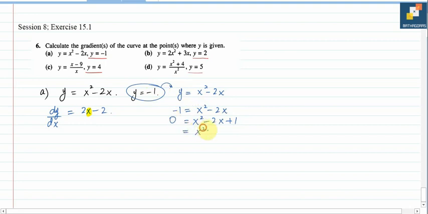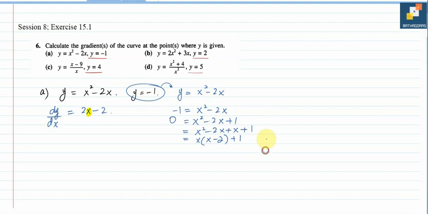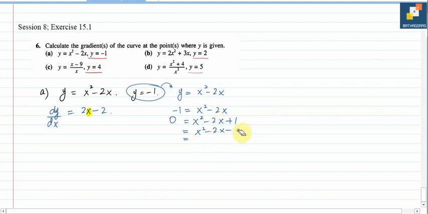Splitting the middle term, there was a mistake there, so let me just correct it. We need to solve it: x square minus x minus x plus 1, that is x into x minus 1, minus 1 into x minus 1, equals 0, and now x is equal to 1, right?